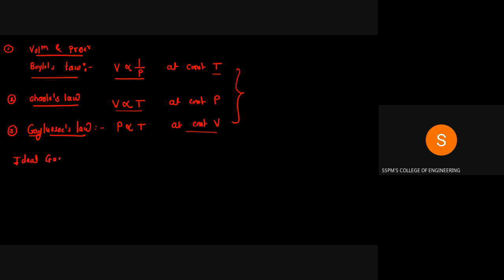If we combine all these three laws into a single equation, it gives the ideal gas equation. So pressure times volume is directly proportional to the temperature, for a fixed mass of the gas.